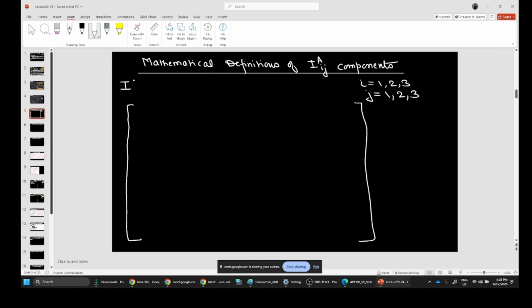So I am writing this matrix, IA double bar, this.